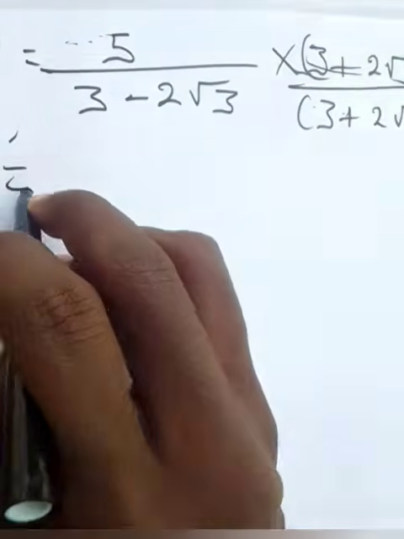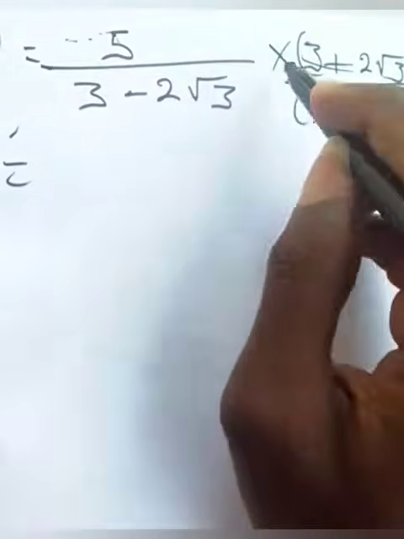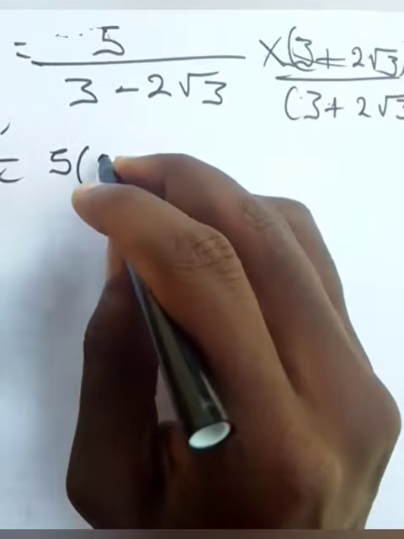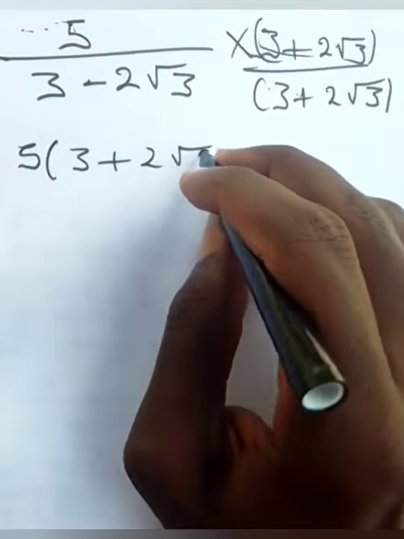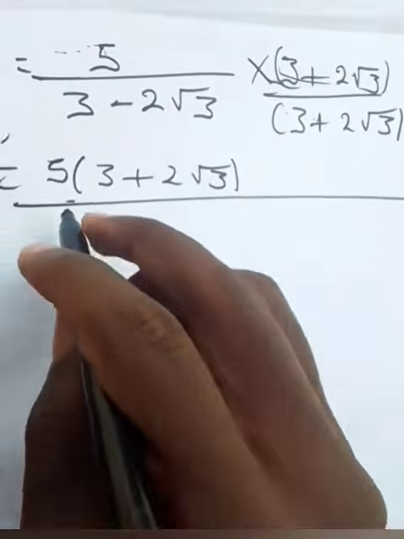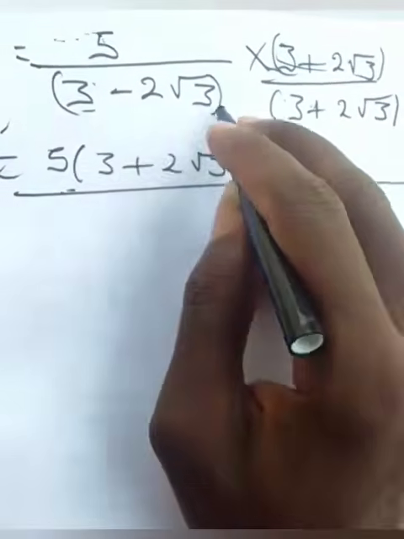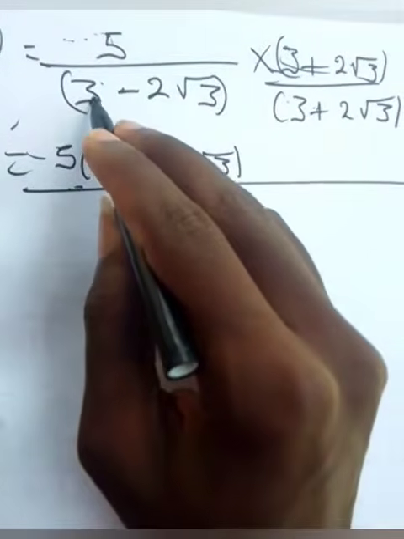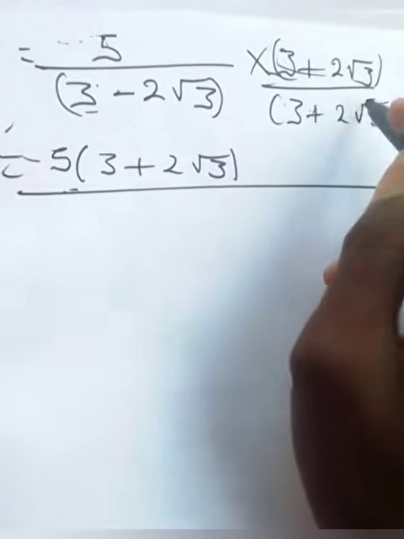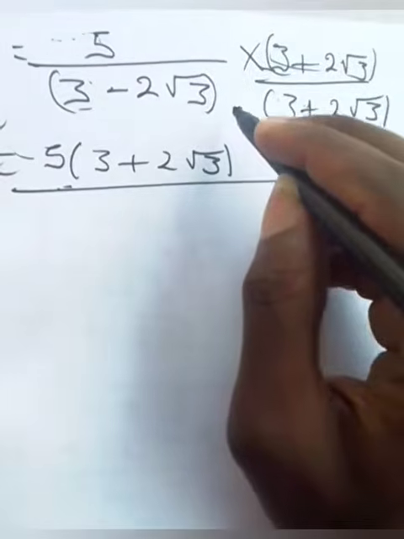Alright, so 5 times this is going to be 5 times 3 plus 2 square root of 3, and we now multiply the denominators. So the denominator with the conjugate denominator, that's what we can call it, right?